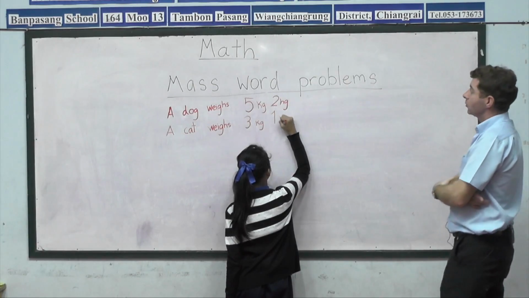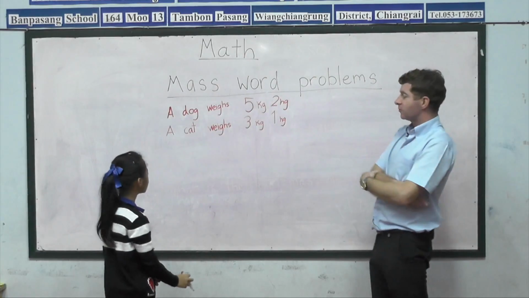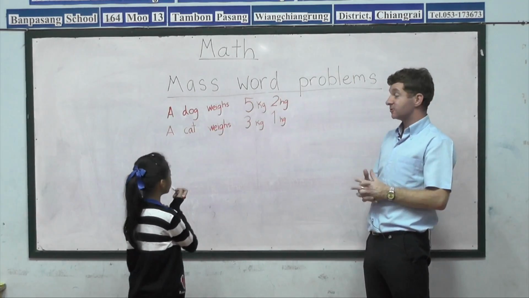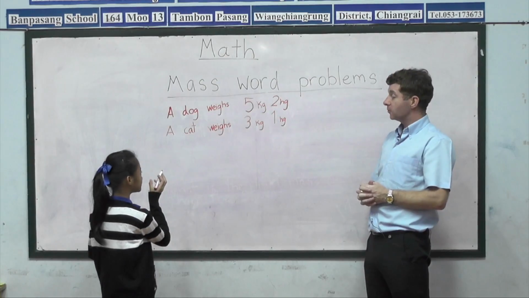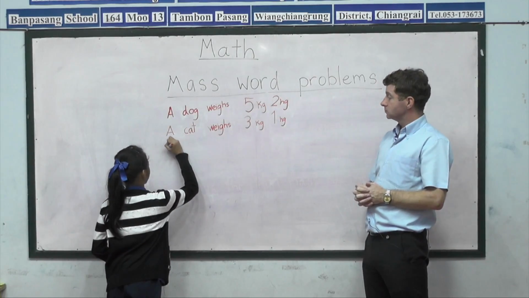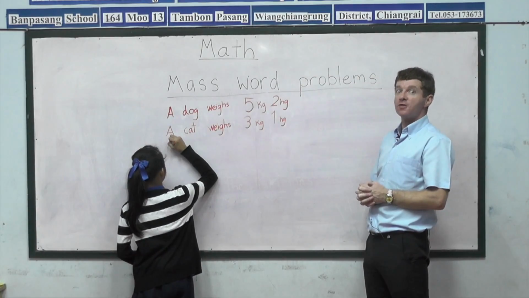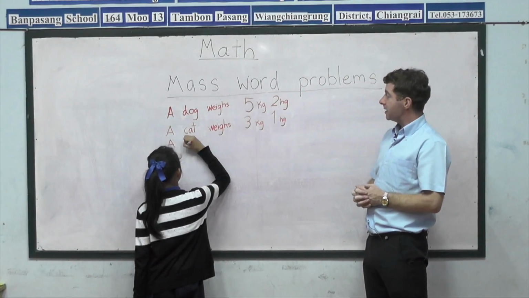Okay, so Dan, what would you like us to do? Shall we add together or shall we see the difference? What would you like to do? Okay, a mouse. We're having a third animal. A mouse.